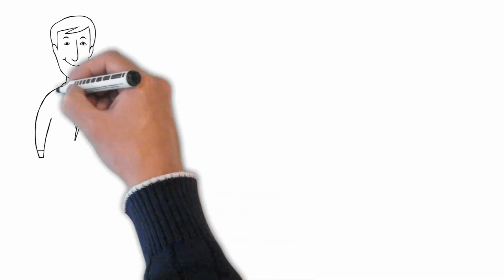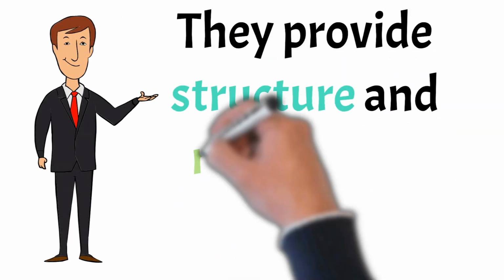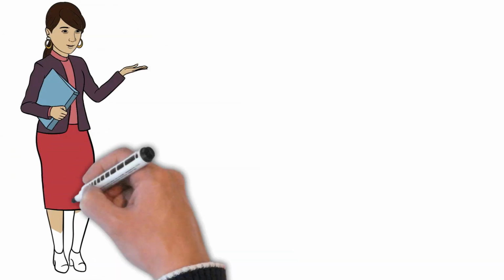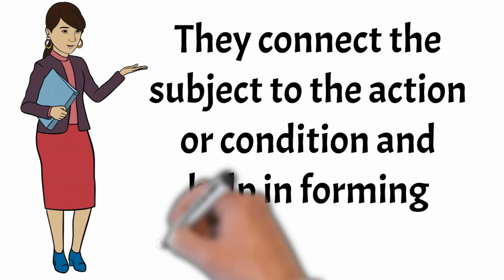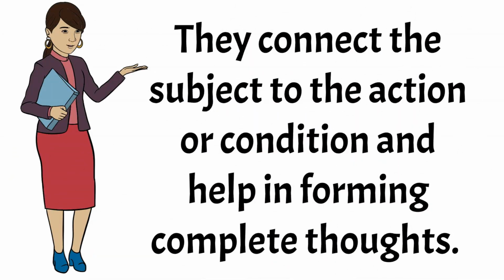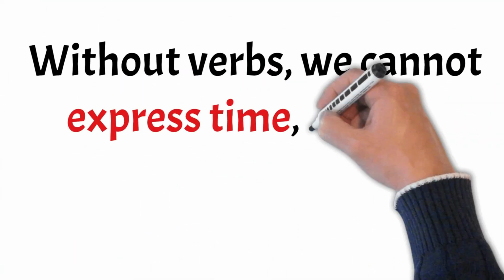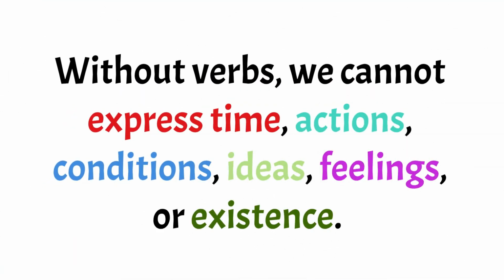Verbs are essential. They provide structure and meaning to sentences. As we've realized, they connect the subject to the action or condition and help in forming complete thoughts. Without verbs, we cannot express time, actions, conditions, ideas, feelings, or existence.